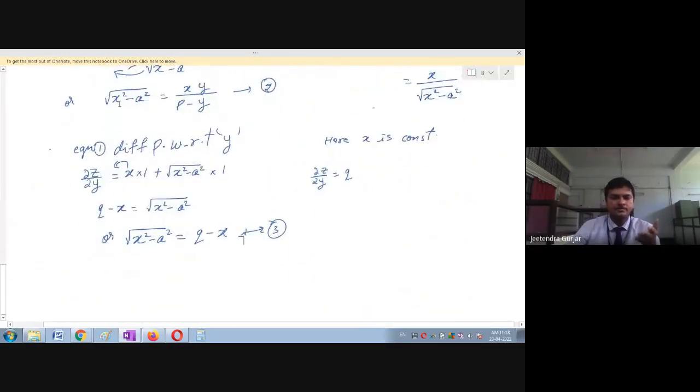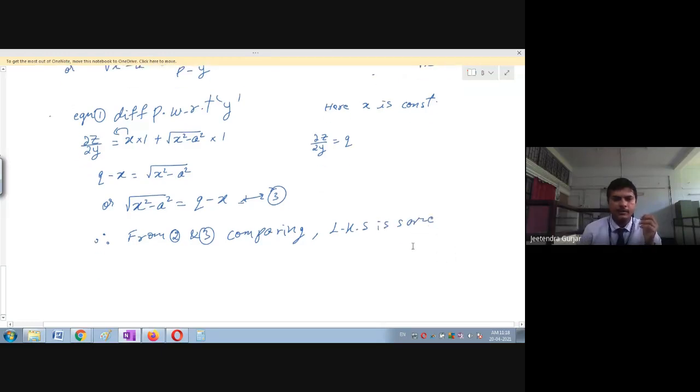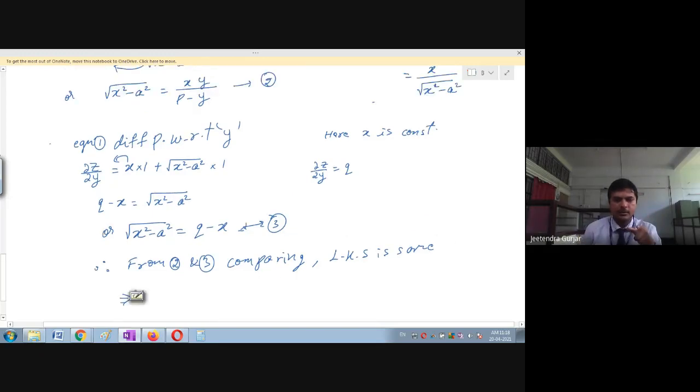So you can see from equations 2 and 3, comparing, the LHS is the same. Therefore, we equate the RHS. What RHS are we going to get? It is xy divided by p minus y, which is equal to q minus x.